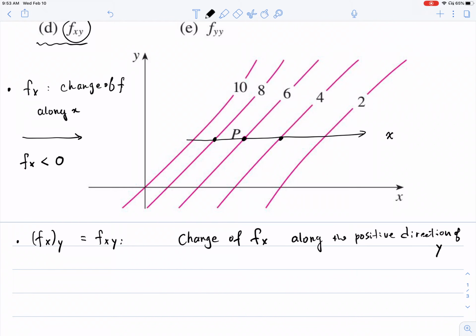So we're going to draw the y direction line over here like that. So this is the y direction. And then we're going to estimate the value of f_x, estimate the partial derivative of f with respect to x along this line. And how do we do that? We can use the same idea.